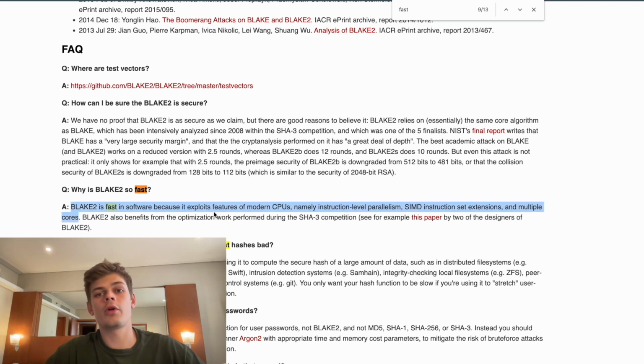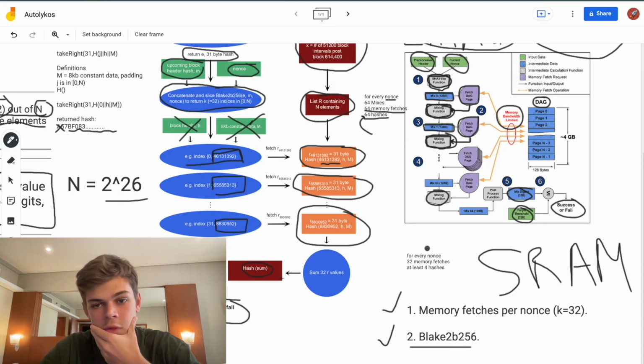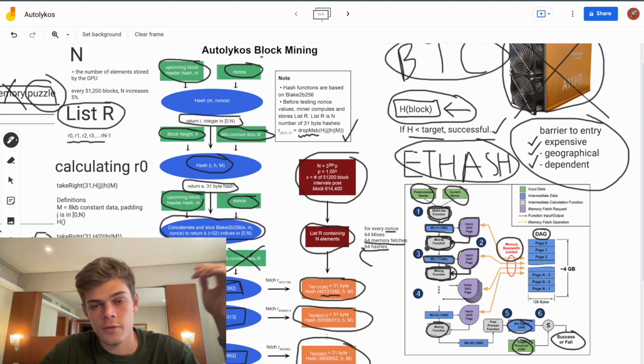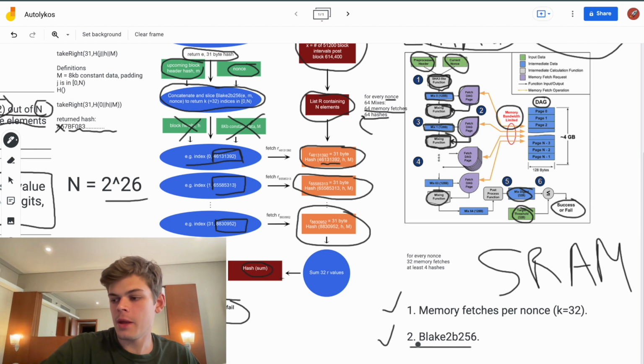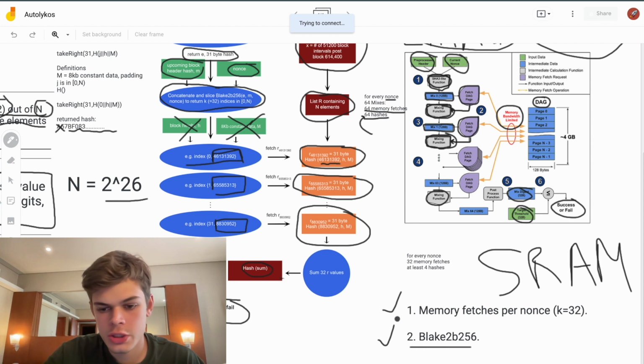So Blake2 already, as a function itself, integrates the hardware present in GPUs. So it's already sort of more optimized for GPUs than ASICs can make it themselves. And that is relative to other hash functions like SHA-256. So the benefits of Blake are that it's more hardware heavy and it's more optimized already for GPUs.